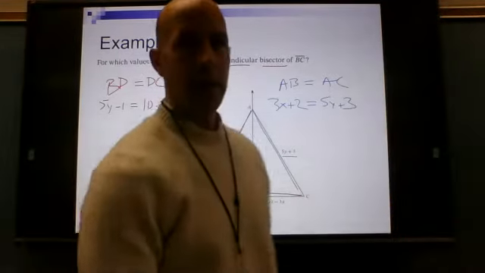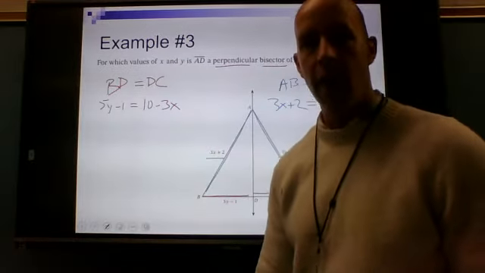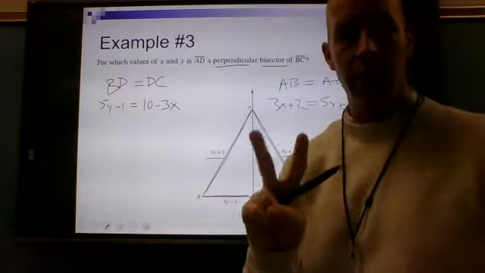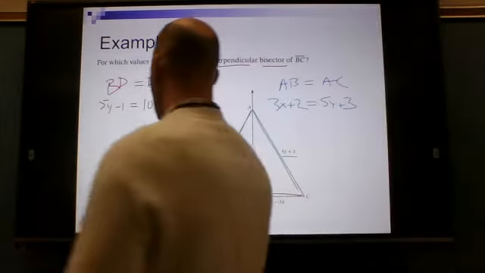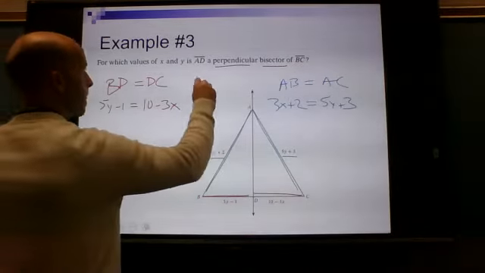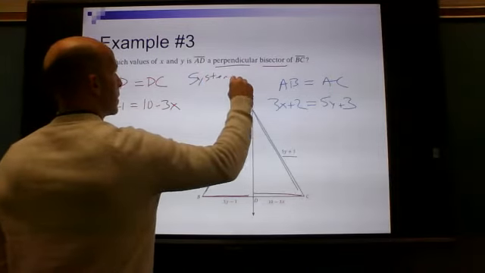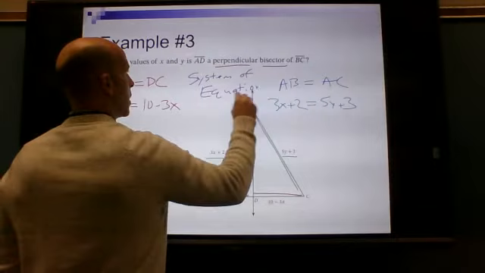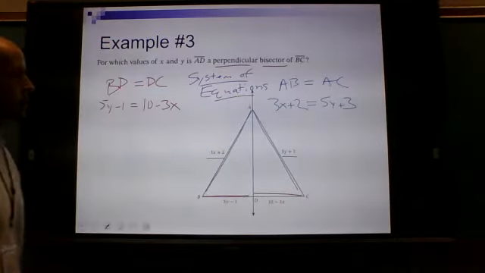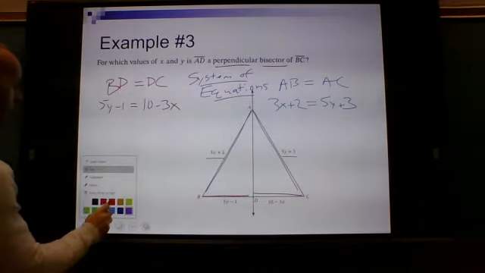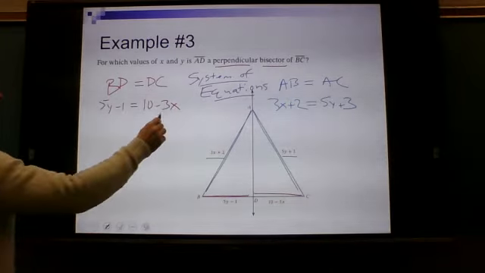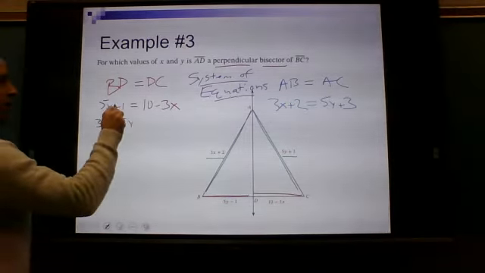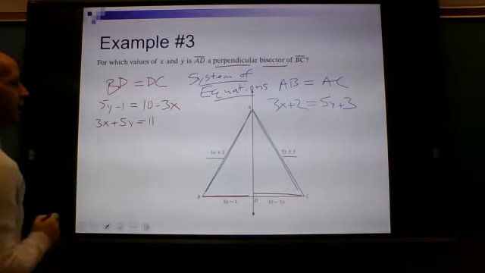Now we've got a little bit of a dilemma here, and this goes back to our algebra class. We've got two equations and two unknowns. This is called a system of equations, and now I'm going to have to solve that system. Before I solve it, I'm going to clean this up a little bit by adding 3x to the other side, and then adding 1 to the right side.